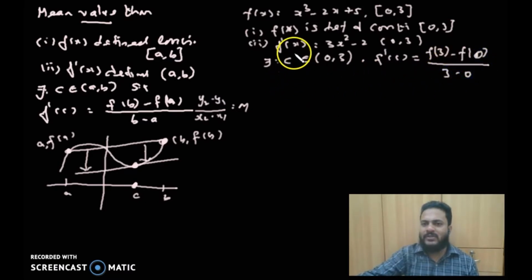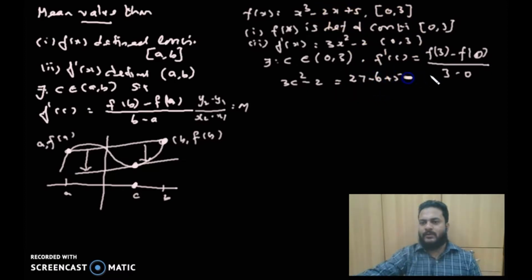What is f dash of c? Already we found f dash of x, 3x power 2 minus 2. So f dash of c, 3c power 2 minus 2, is equal to f of 3 minus f of 0. What is f of 3? Put 3 in place of x, and hence it is 27 minus 2 into 3, minus 6, plus 5, minus f of 0 value.